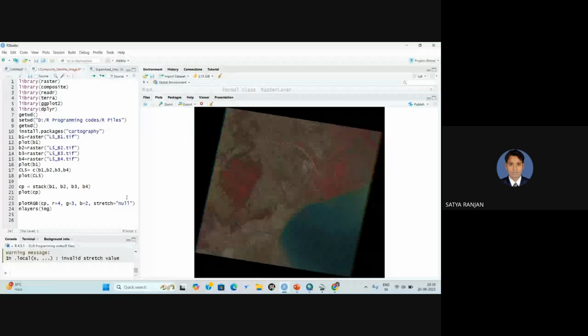And in linear stretching or histogram stretching, we can get a good visualization of that, good clarity of the image.